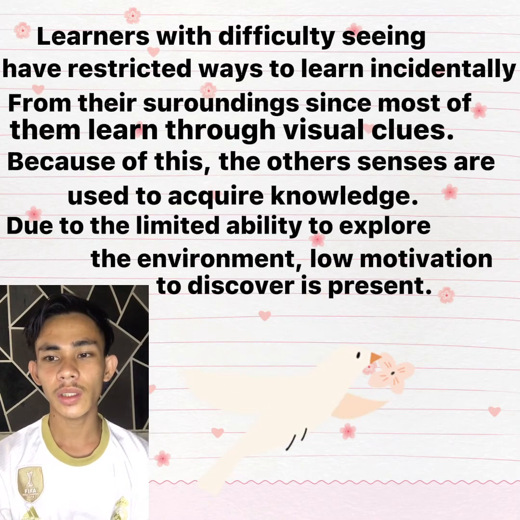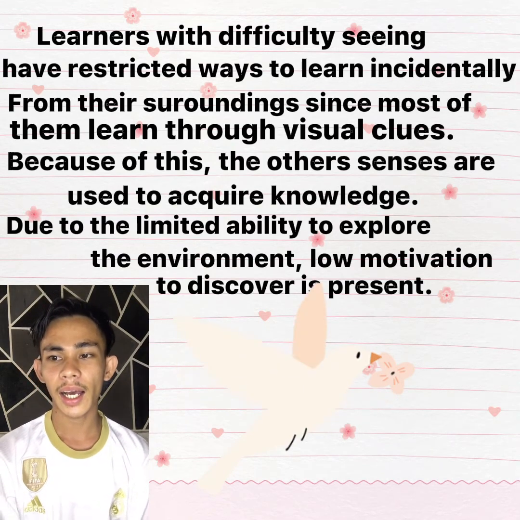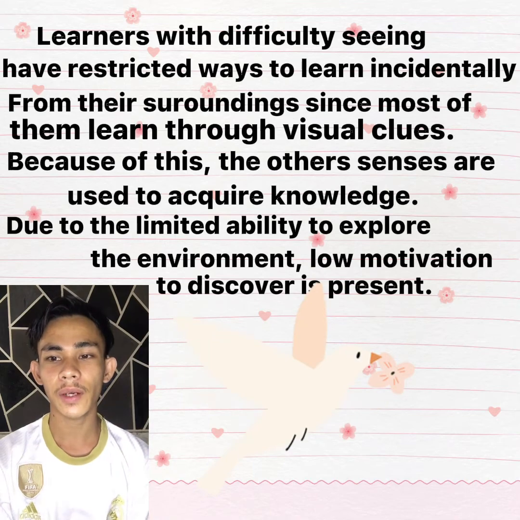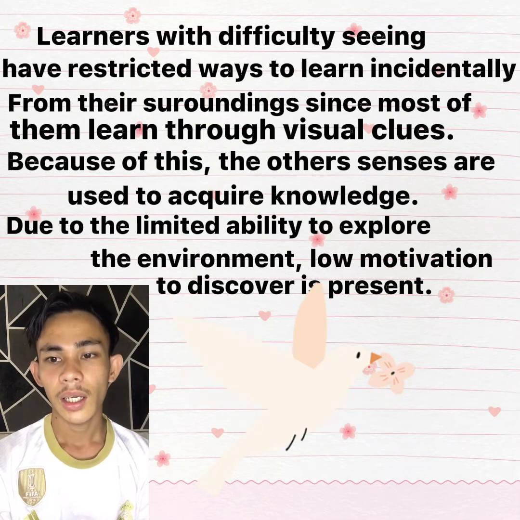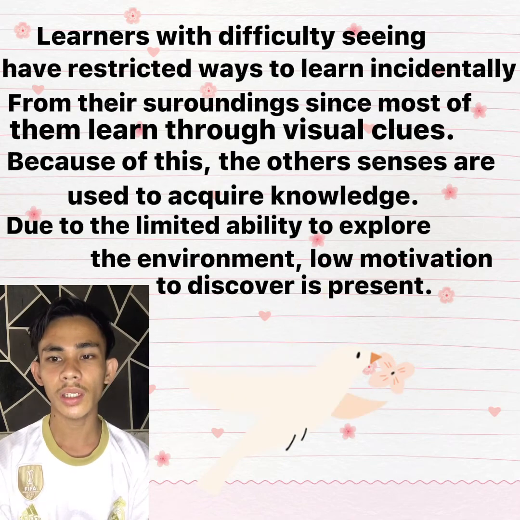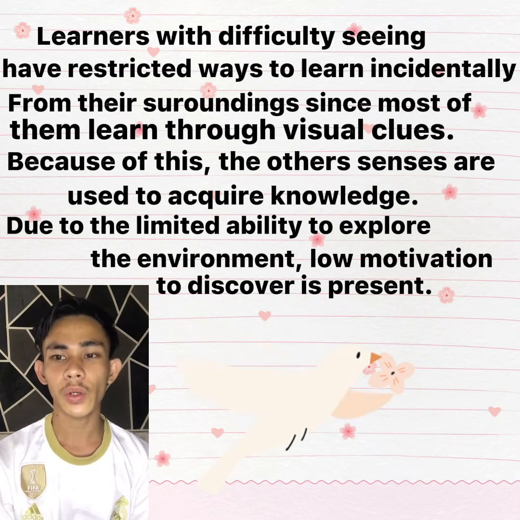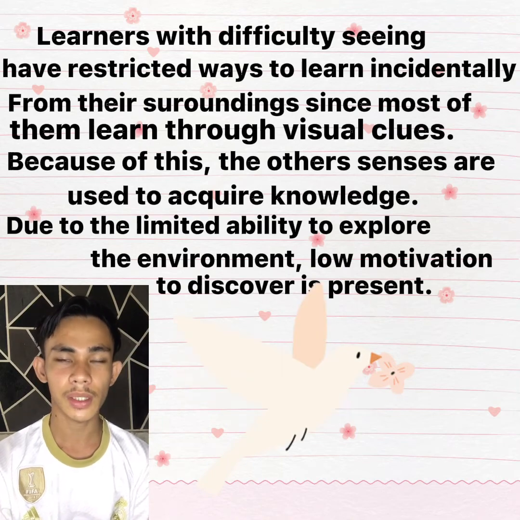Learners with difficulty seeing have restricted ways to learn incidentally from their surroundings, since most of us learn through visual cues. Because of this, the other senses are used to acquire knowledge. Due to the limited ability to explore the environment, low motivation to discover is present.